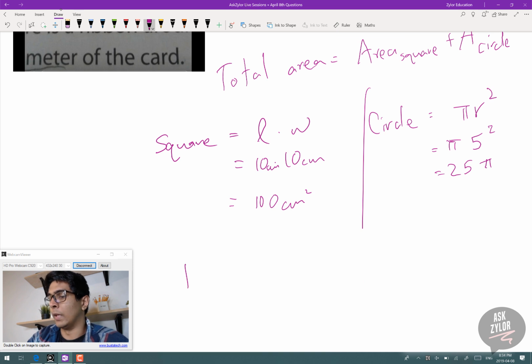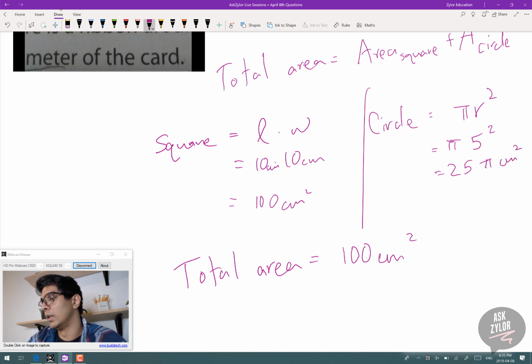So my total area is going to be 100 centimeters squared plus 25 pi centimeters squared. If I plug this into my calculator, it's going to be roughly 139.3 centimeters squared.